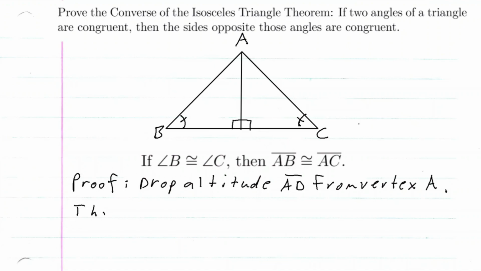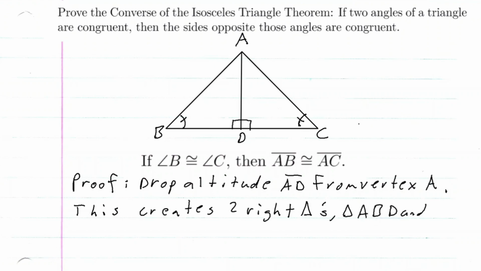So this creates two right triangles. It creates triangle ABD and triangle ACD.